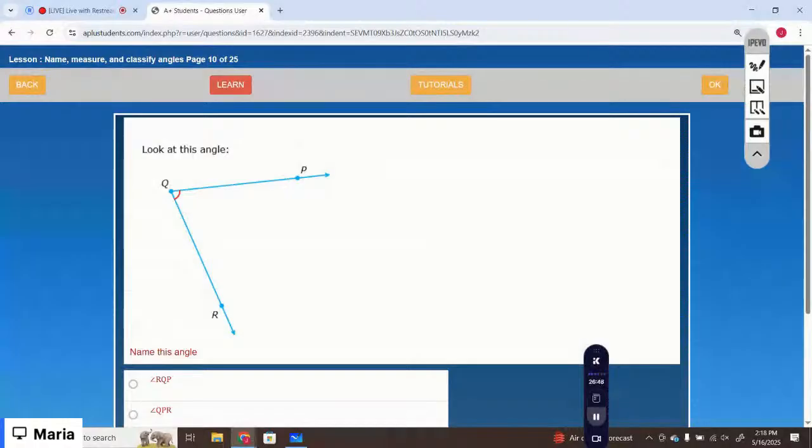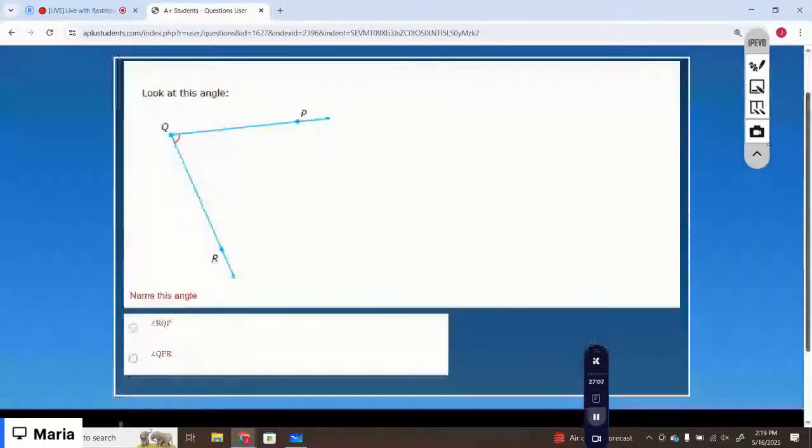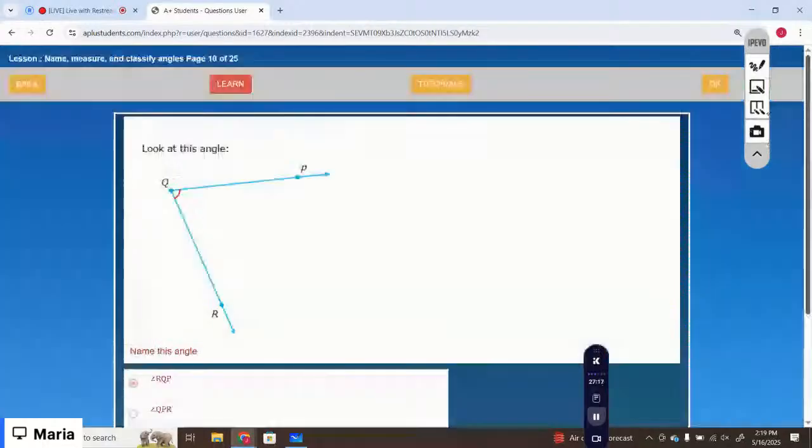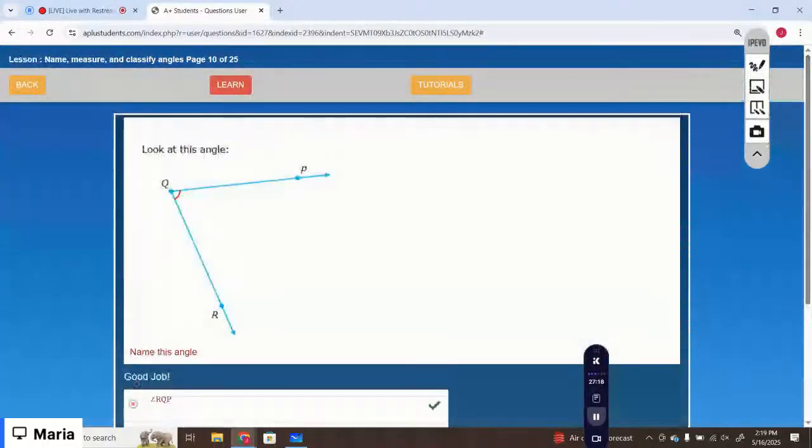Look at this angle. Name this angle. That is angle R. Option number one is the correct option.